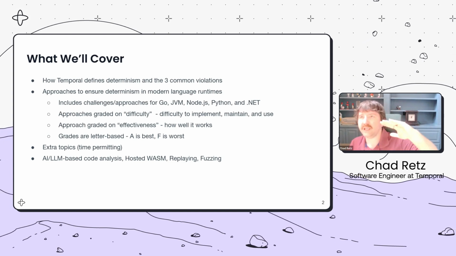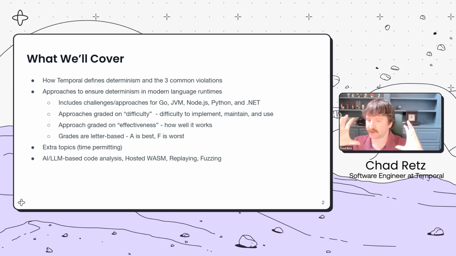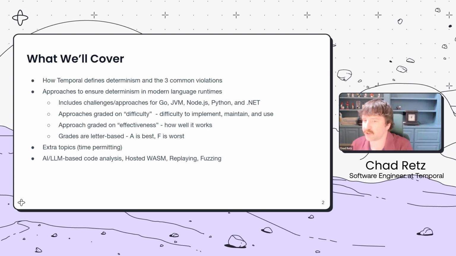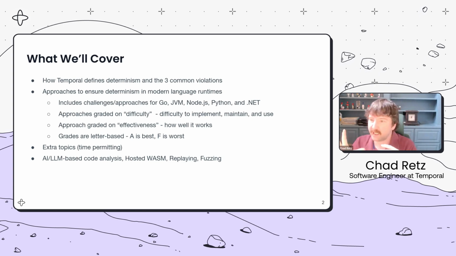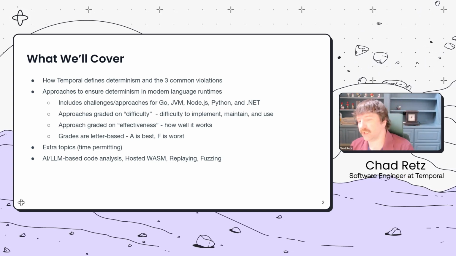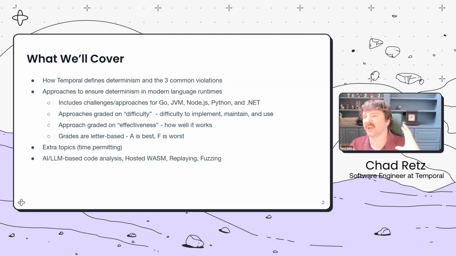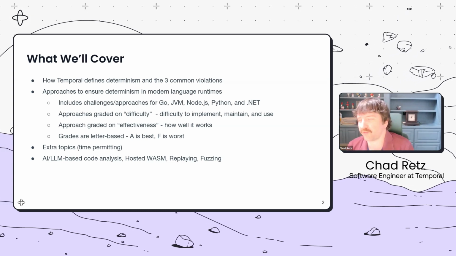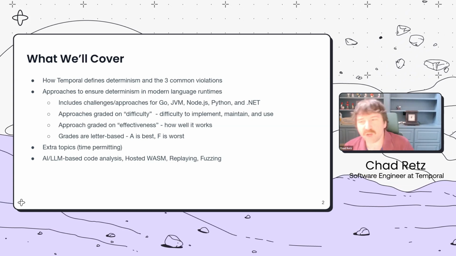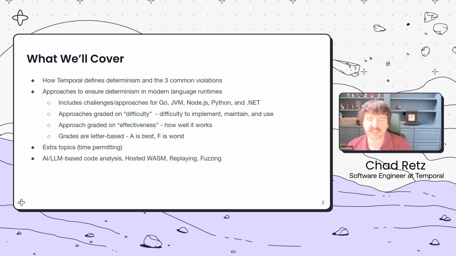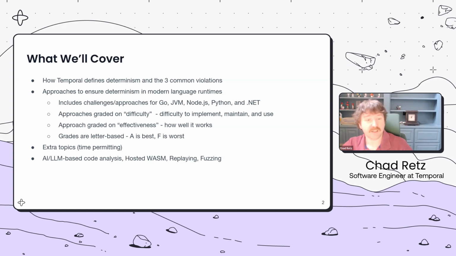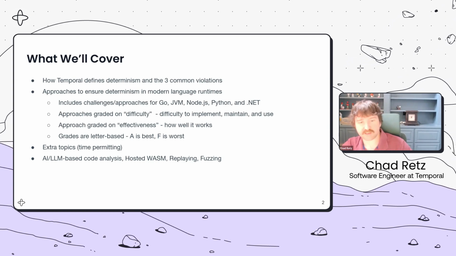We're going to grade each approach we take to try and keep people in this deterministic box by how hard it is to implement and use and how well it works. This grading can help give a guide on whether it's even worth doing. And then we have some extra topics around AI and WASM and fuzzing if there's some time. So without more, let's get started.